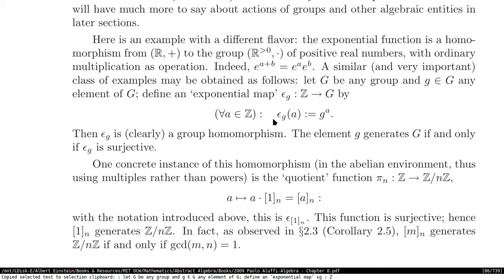And this is an exponential map, and it's a homomorphism from Z to G. And this element G, which you're taking the exponent of, generates the whole group G if and only if this homomorphism is surjective, right? And so if it's surjective, the whole group is going to contain just the exponents of G.